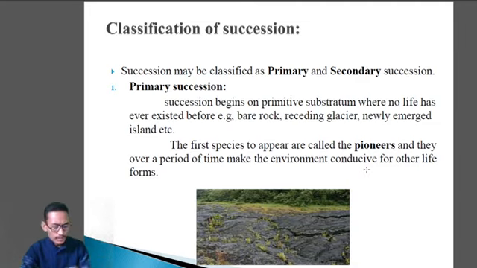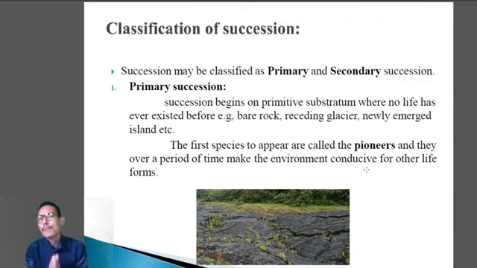It says that primary succession is a kind of succession which begins on the primitive substratum. Primitive substratum means where there was no life at all, where there was not a single species. It is a barren area, a bare area where there was no life at all.